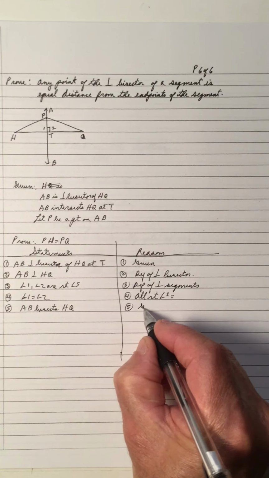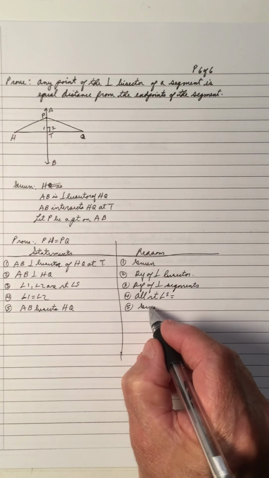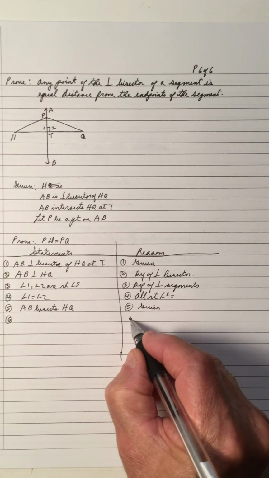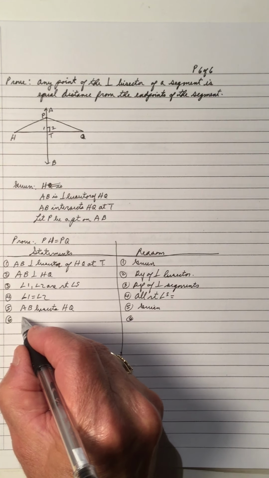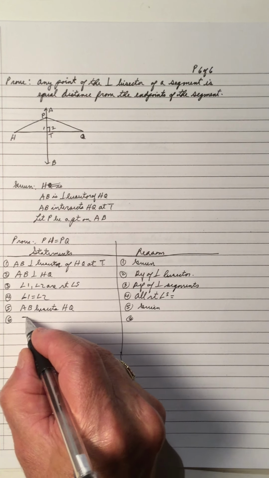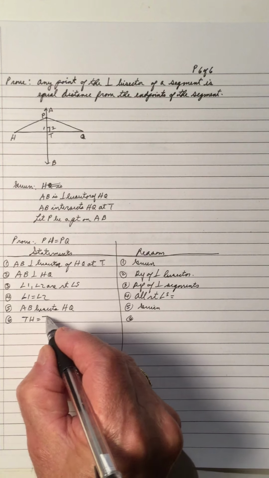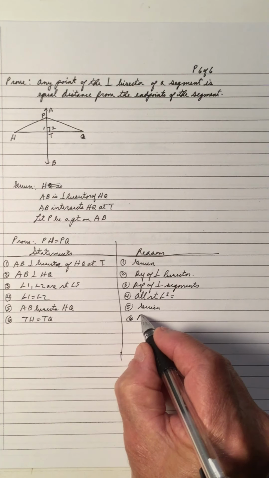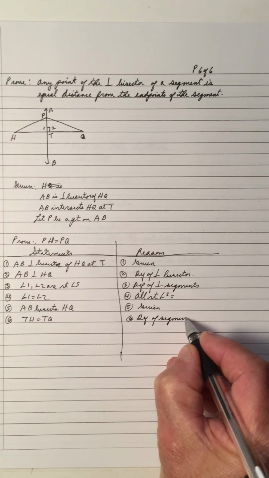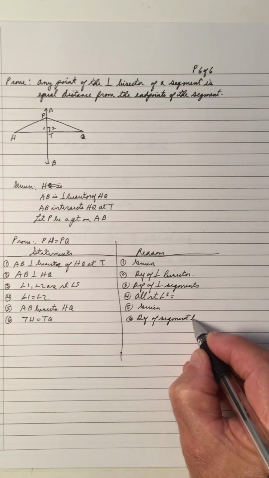That's given, because it's a perpendicular bisector. That means that TH equals TQ, by the definition of segment bisector: if you bisect, you cut the segment into 2 equal parts.